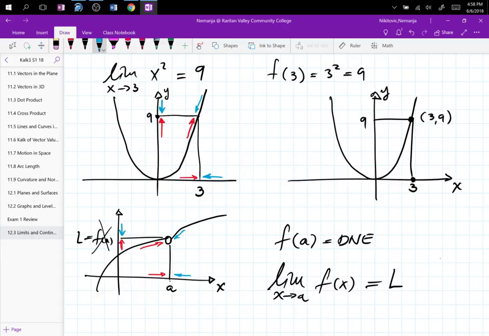Your job is to compute just the y value. That's what the limit does. It gives you the y value back, but it does it in a different way, what I call the fancy way. It computes at infinitely many points to the left and infinitely many points to the right without actually computing at the point, which allows us to have a situation over here.